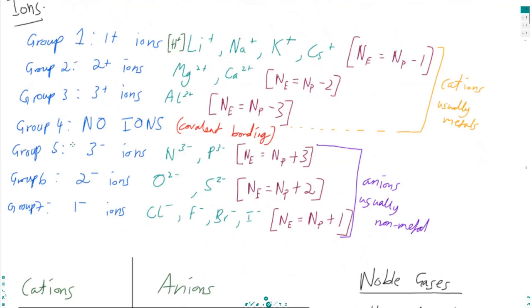For instance, beryllium, which is in group 2, boron, which is in group 3, and carbon and silicon, which are both in group 4, do not normally form ions because they require too much energy, and this is important, too much energy to transfer the outer shell electrons to form ions.